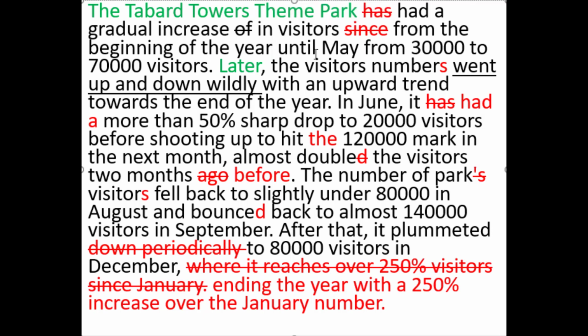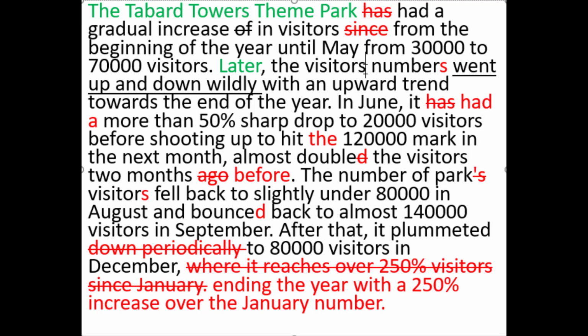From the beginning of the year until May, from 30,000 to 70,000. Now here the writer says later, but when is later? Is later after May? If it's after May, then specifically when? So why not just use June instead of later?